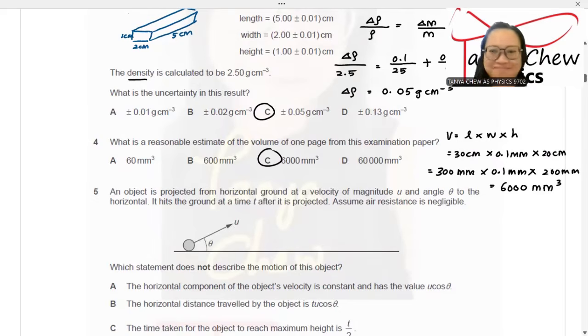So the answer is C. Sometimes, even though the question asks you to do some reasonable estimation, you can do some rough calculation to get closer to the exact answer.